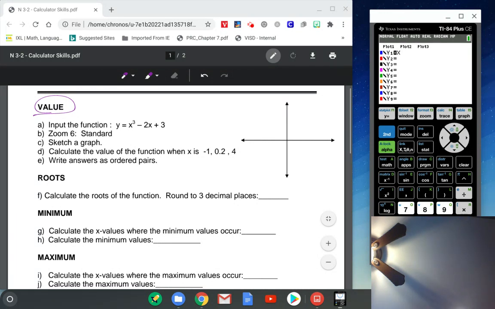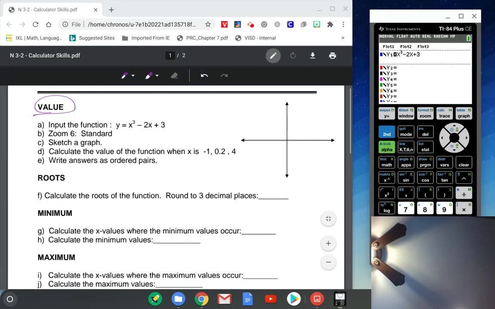So x, and then raised to is going to be this little caret raised to key, and it's going to put you up in an exponent area. So we're going to put 3. To come back down, you want to hit the right arrow key so that you're not continuing to type in the exponent, and then minus 2x plus 3. All right, so that's our equation.